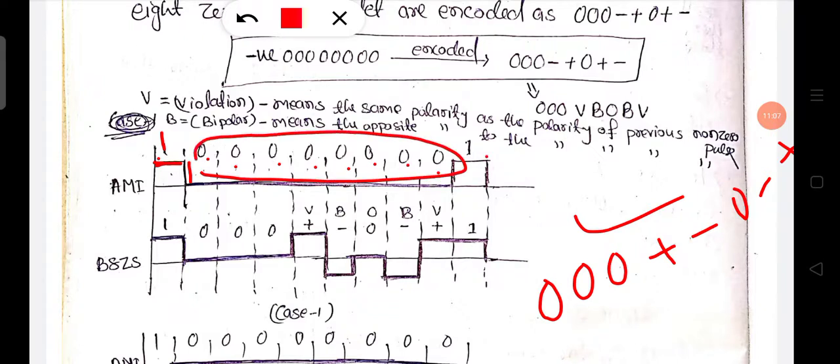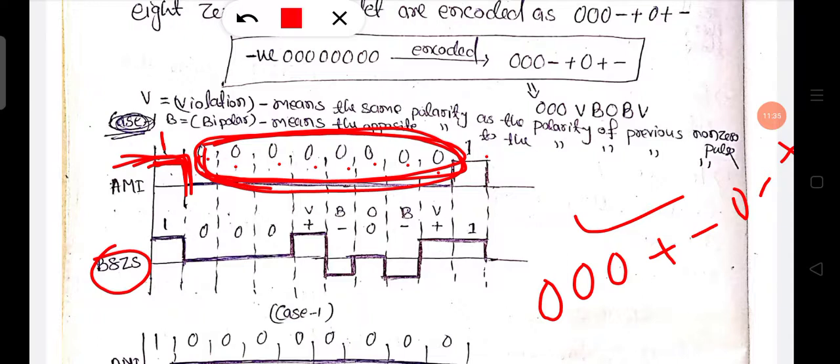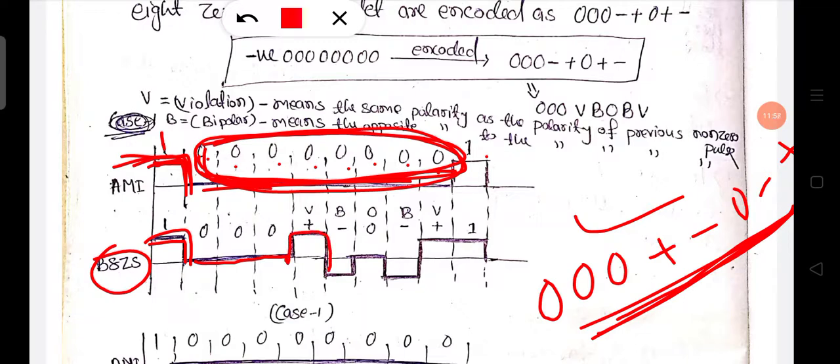There are 8 zeros, so these 8 zeros are encoded as B0V, and since the last pulse preceding these 8 zeros is positive, this encoding rule is applied. So how does it apply? Positive carries the same positive, and these 8 zeros are encoded as 0 0 0, then positive, then negative, then 0, then negative, then positive.